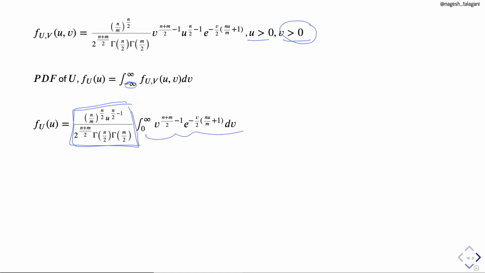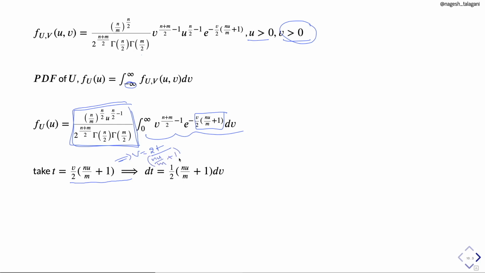Now here we are going to take a substitution for this. Let me take t equal to v by 2 of (nu by m plus 1). That implies dt is equal to 1 by 2 of (nu by m plus 1) dv. From this I can write v equal to 2t by (nu by m plus 1), and I can also write dv equal to 2 dt by (nu by m plus 1).